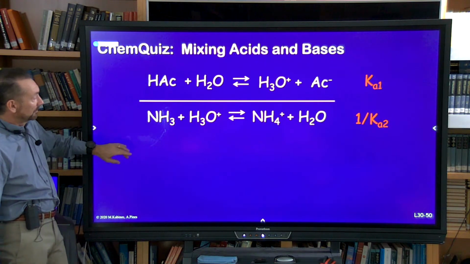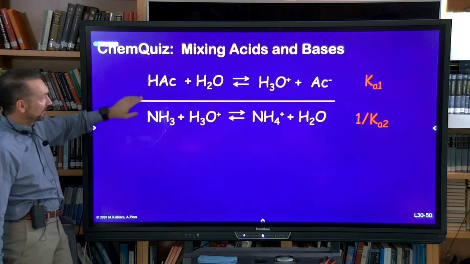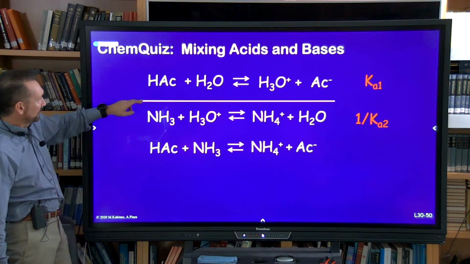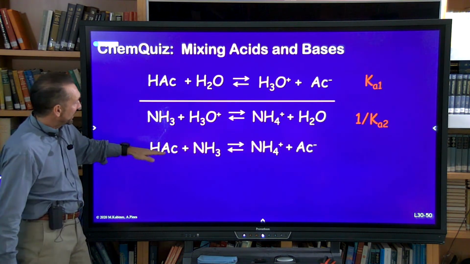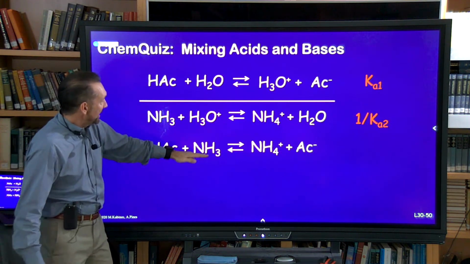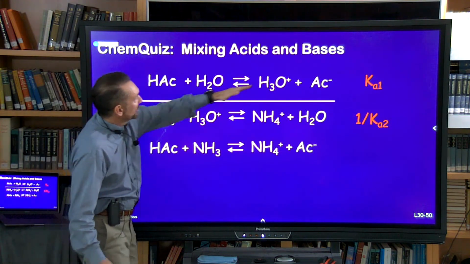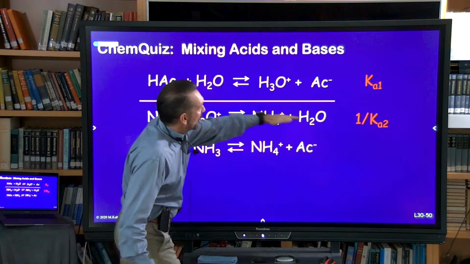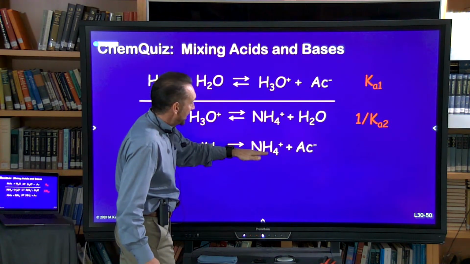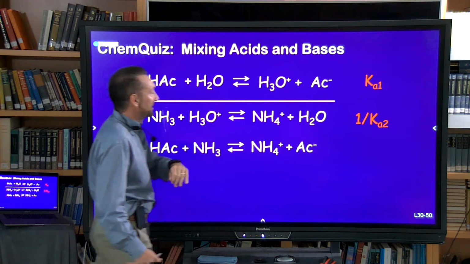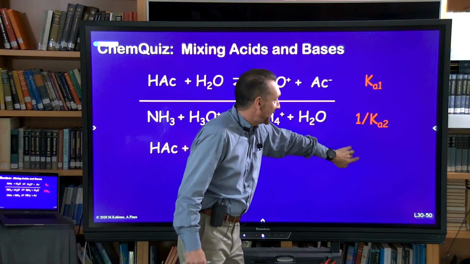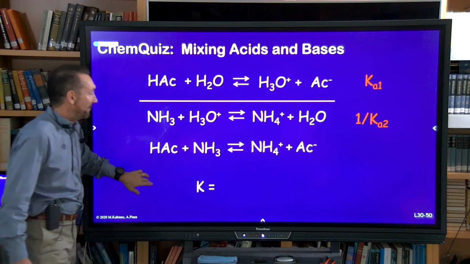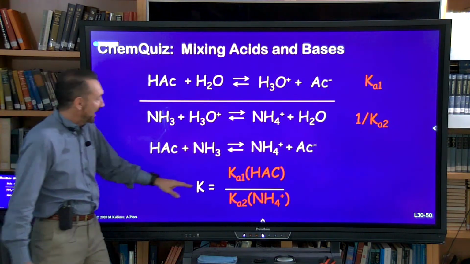Well, I'm going to add them together, and I'm going to get AC minus, NH3 plus. The H3Os cancel out, and the H2Os cancel out, and gives me NH4 plus plus AC minus. And the question is, what is the relative size of that K?